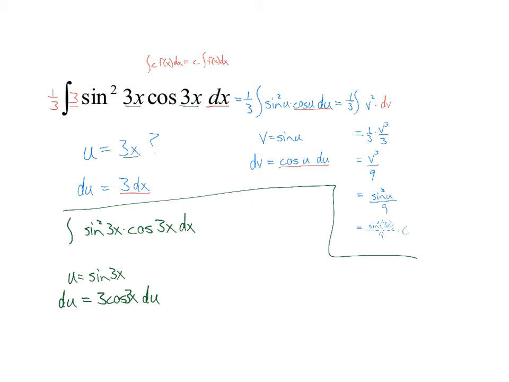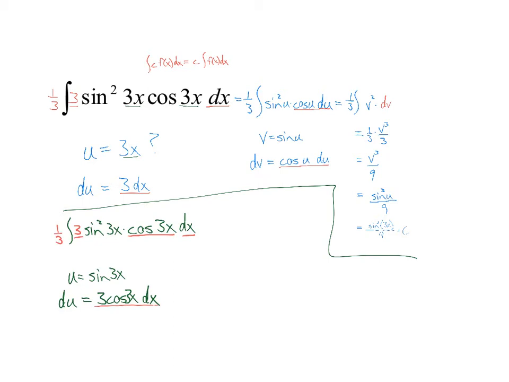Now, that was a dx at the end. Well, I have the dx, I have the cosine of 3x, the only thing I'd be missing was the 3, so I'd still have to do this 1/3 and 3 thing.